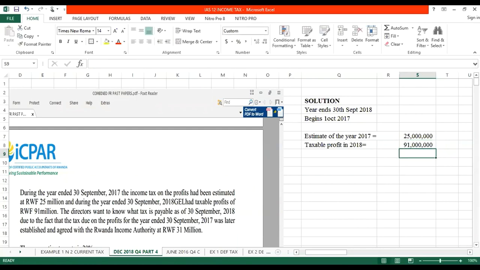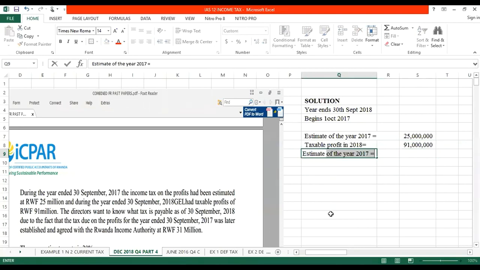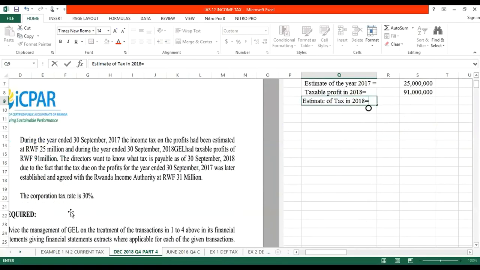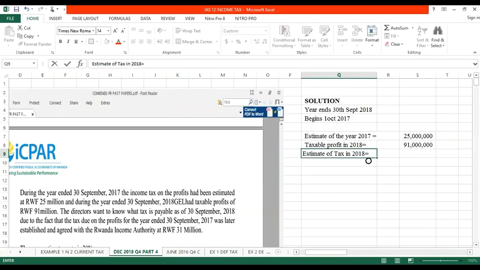91 million. Now, estimate of tax in 2018 was not given. This was a 5 marks question. So how do you calculate it? You are told here the corporate tax rate is 30%.